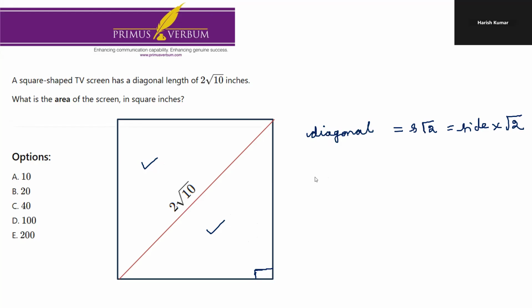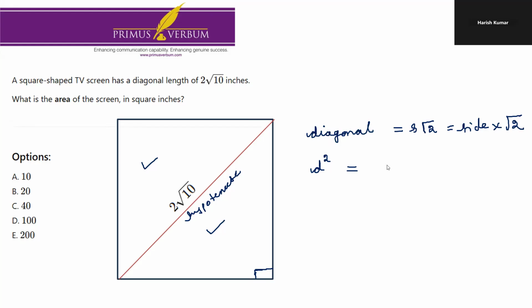That means we can use the Pythagorean theorem, which says that the square on the hypotenuse... and the diagonal is the hypotenuse, and in fact, it is the hypotenuse to both the triangles inside the square, and both are right angled triangles.